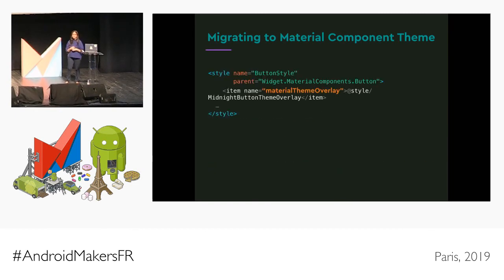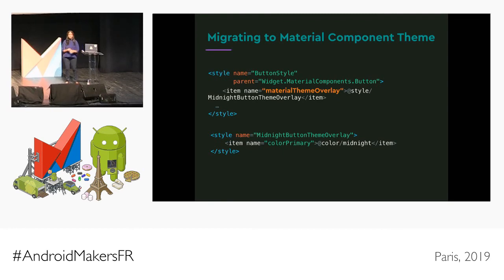So let's see how this works. materialThemeOverlay is just an attribute that you can set in your style, and you can set it to a good old theme overlay. And in this case, I am just overriding the colorPrimary to be midnight because I want all of the buttons in my app to have midnight as the background color.